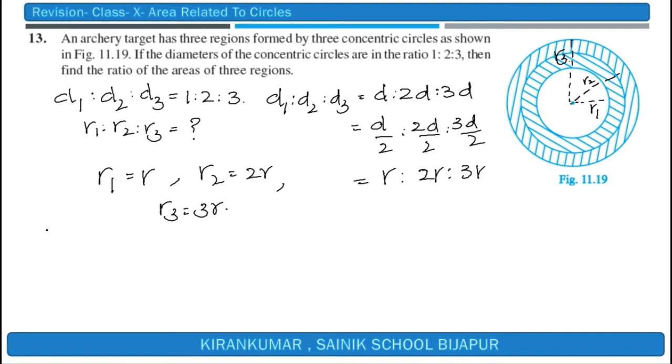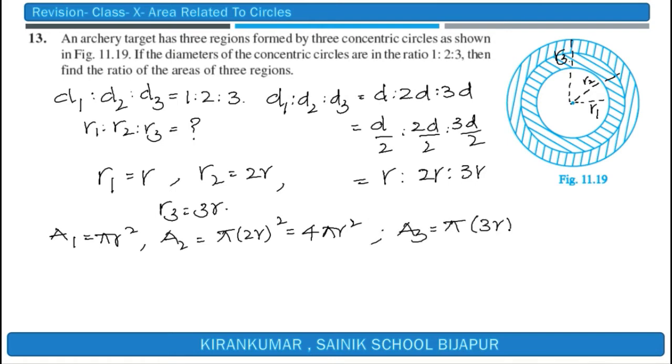So the respective areas will be: area 1 is pi r square, area 2 will be pi times 2r whole square, which is 4 pi r square. The area 3 will be pi times 3r whole square, which is 9 pi r square.